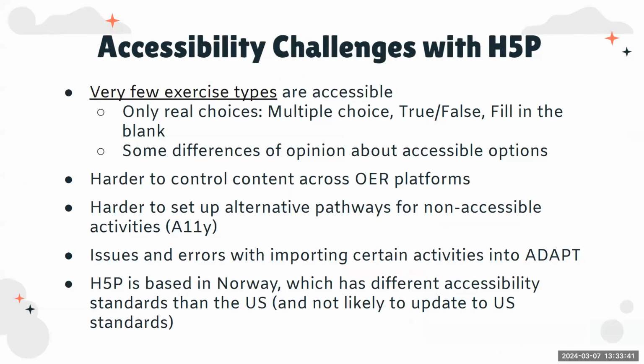Touching on accessibility, we've mentioned H5P, it sounds really great when you first learn about it. It's open source. That means that just about anybody can use H5P and create varying types of activities. It sounds really great because they have about 35, I think, different types of activities.